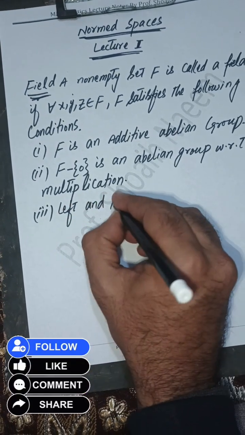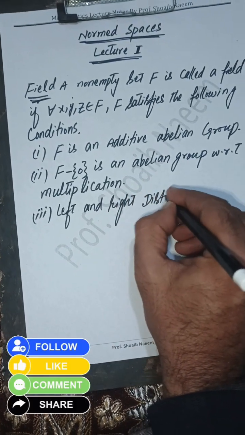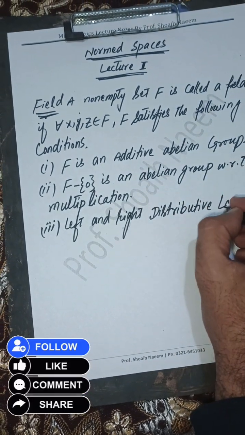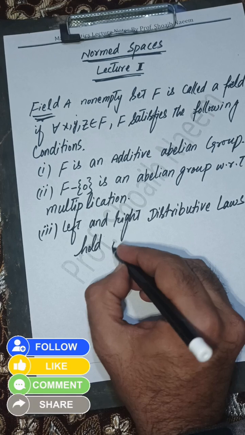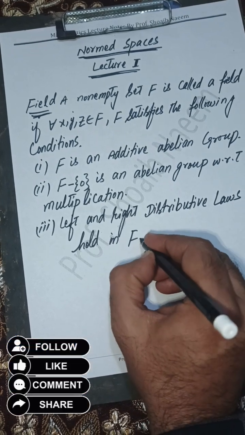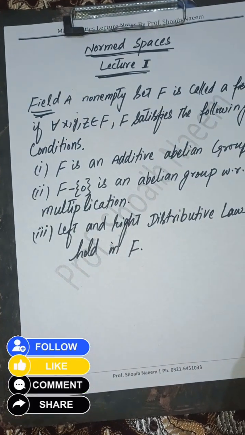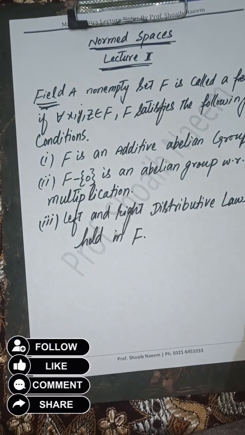Left and right distributive laws hold in F. In F, all the elements satisfy left distributive law and right distributive law.